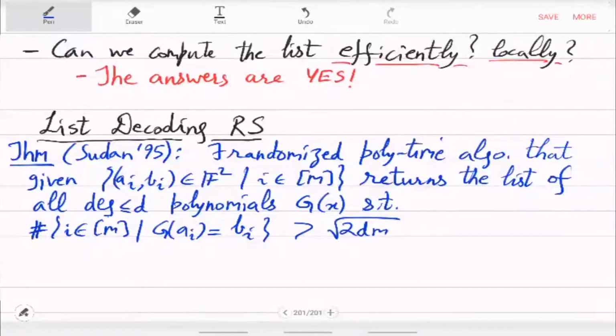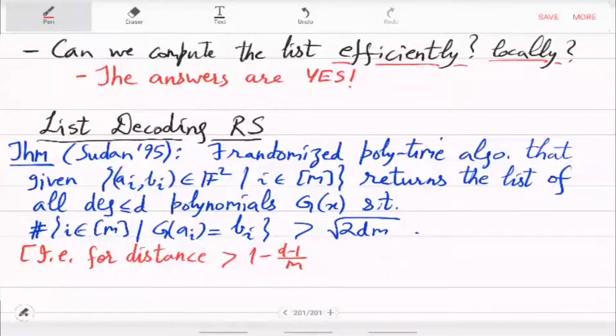Okay, this can be significantly smaller than m. So that is for distance greater than 1 minus (d minus 1) by m, right. This is the distance of Reed-Solomon code.